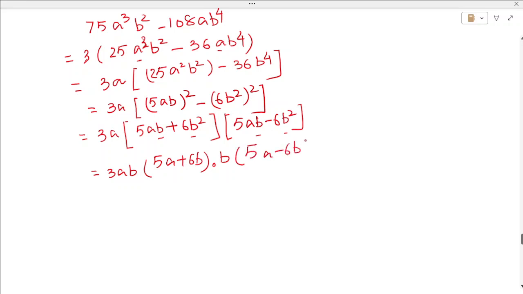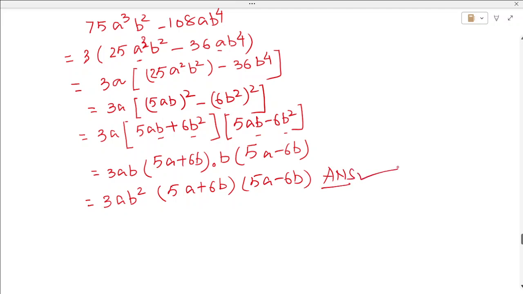So it will become 3a, b into b will become b square, and (5a plus 6b)(5a minus 6b). This is your answer for this question.